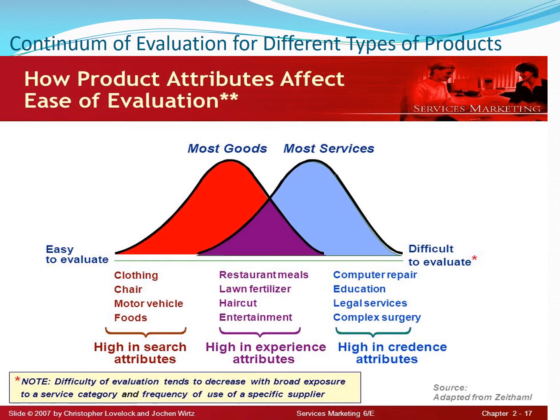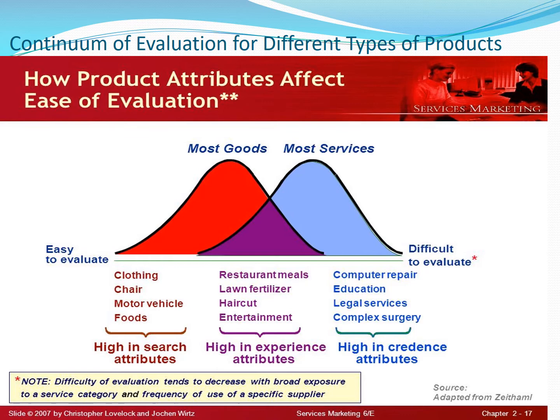When we consider services, many of them fall in the credence qualities. For example, if you have gone through surgery, that is very high in credence qualities. If I have undergone surgery, I will not be able to know exactly, if something happens afterwards, whether it is because of the surgery or something else.